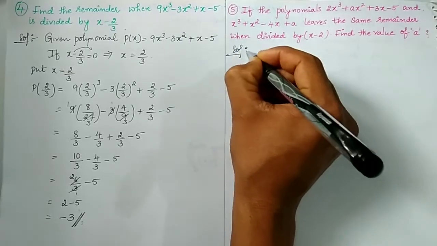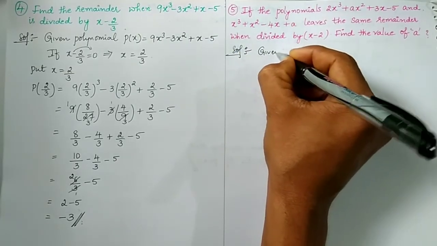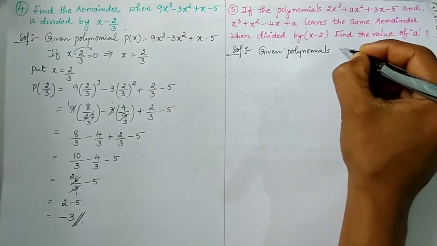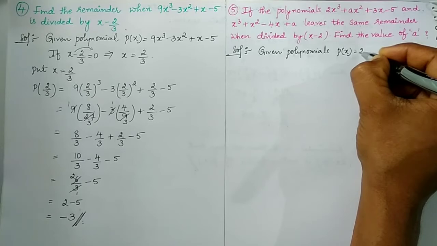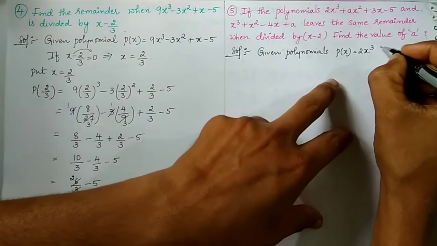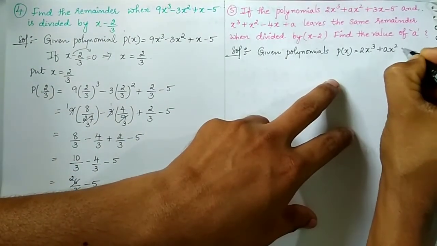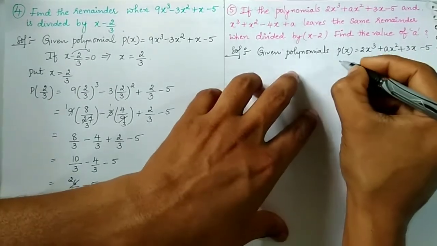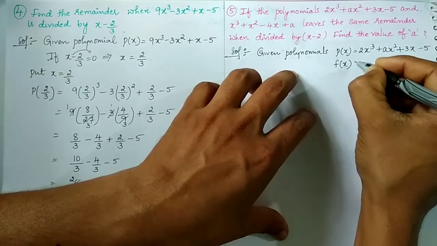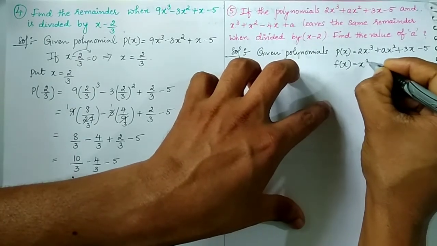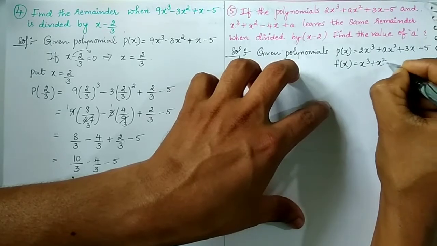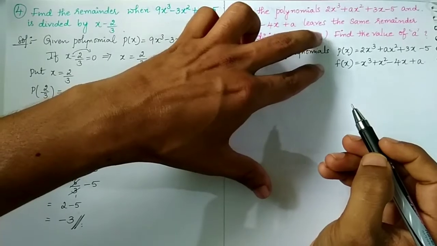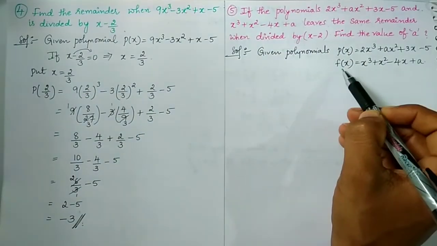Okay, now I take the given polynomials. I take p of x, which is equal to 2x cube plus ax square plus 3x minus 5, and the next one, f of x, is equal to x cube plus x square minus 4x plus a. So these are the two polynomials, p of x and f of x.